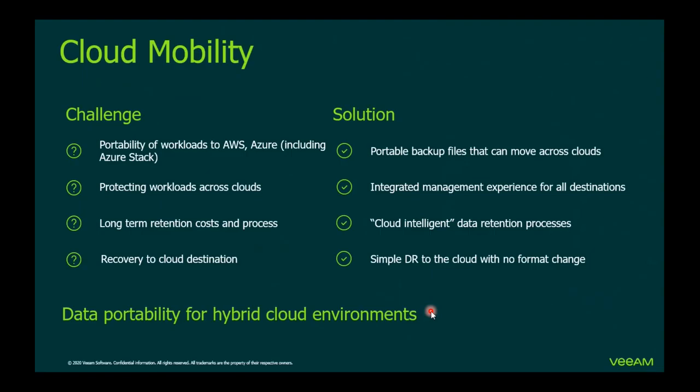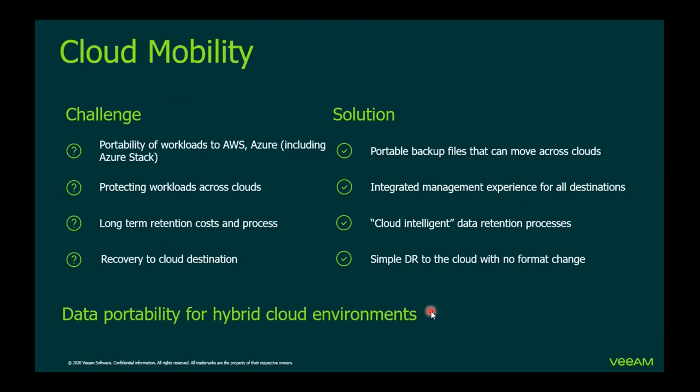When it comes to protection of your workload, we give you a centralized view in Veeam Backup and Replication, which gives you policy-based backup, with the help of which you can manage your virtual workload from the same console, your physical workload from the same console, and also your cloud workload from the same console, and you can keep the entire backup in one centralized location. So you have visibility of your data.